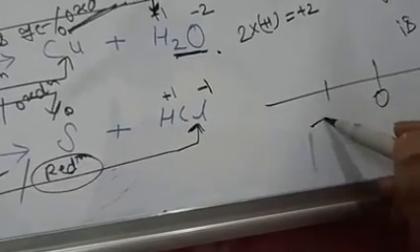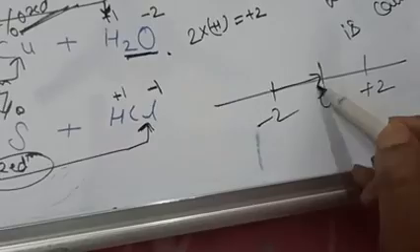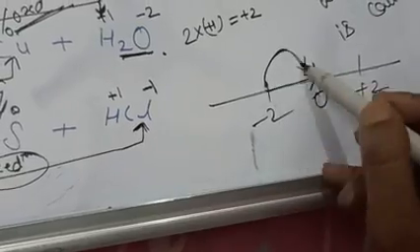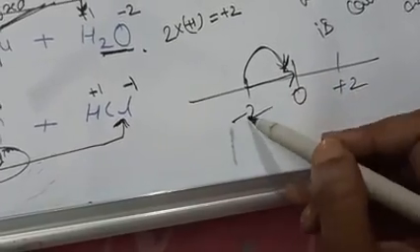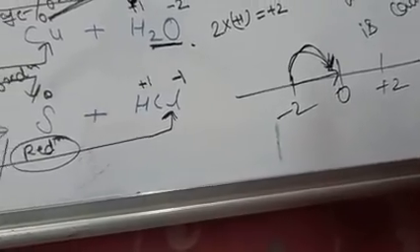If you see the number line, it is 0, it is -2, it is +2. If you observe this, from -2 to 0 it is in increasing order. If you see the number line, -2 to 0 is an increasing order, which means the oxidation number is increasing. So that's why it is oxidation.